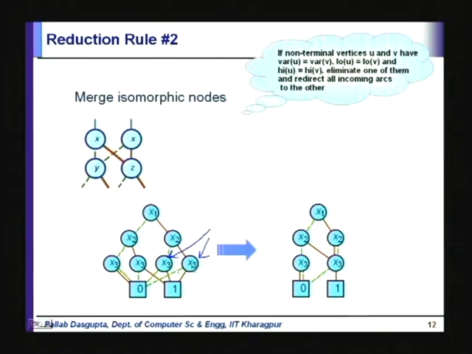So why do we have separate nodes for this? What we could do is we merge these 2 nodes, right? So these 2 nodes are merged into this one node here, because it's the same function. So now both the 0 and 1 edge for this node are pointing to this. So we have merged these 2.